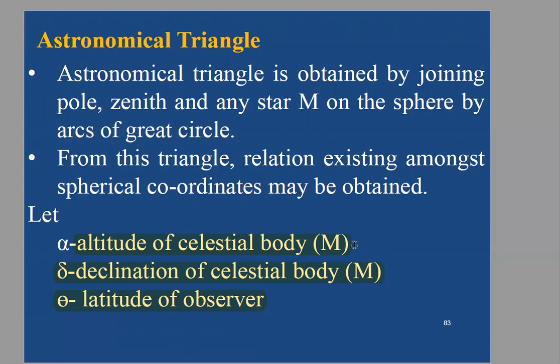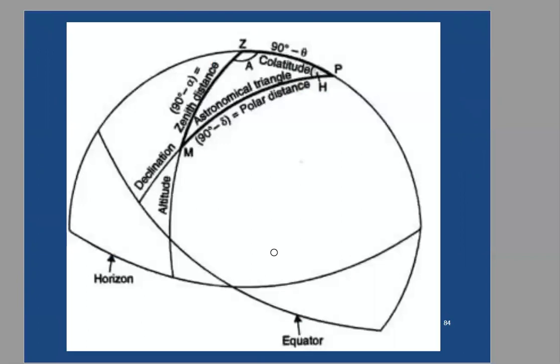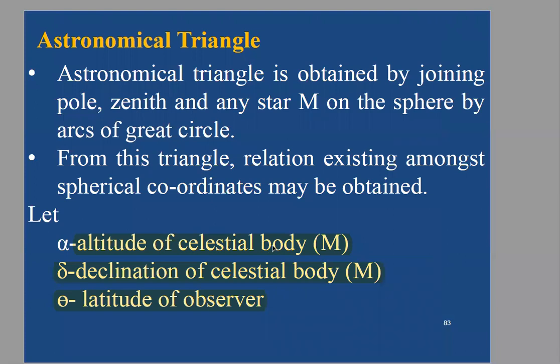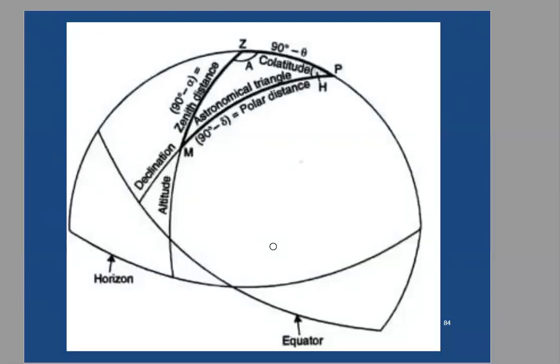For the body M, alpha is the altitude and delta is the declination of the celestial body, and theta is the latitude of the observer.